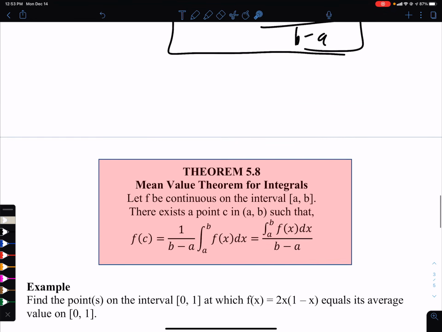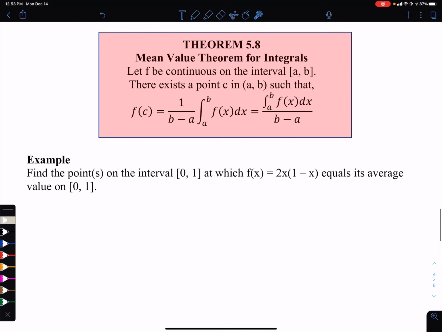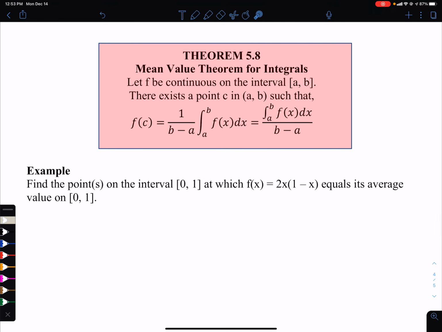Now there's a theorem that's related to this average value. So if you have a continuous function on an interval, just like we had above, there exists a point C inside that interval such that the function at that point C is the average value.